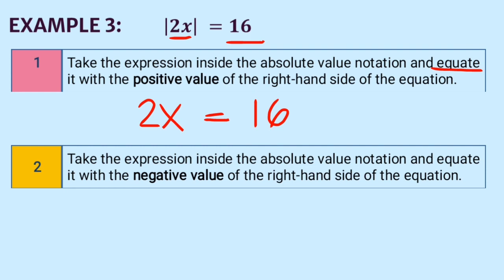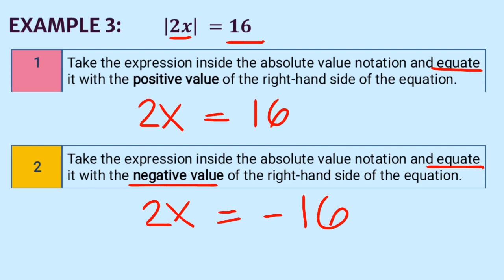That's for statement 1. How about statement 2? We have to take again the expression inside the absolute value notation and equate it with the negative value of the right-hand side. So what is the negative value of our right-hand side? Negative 16.